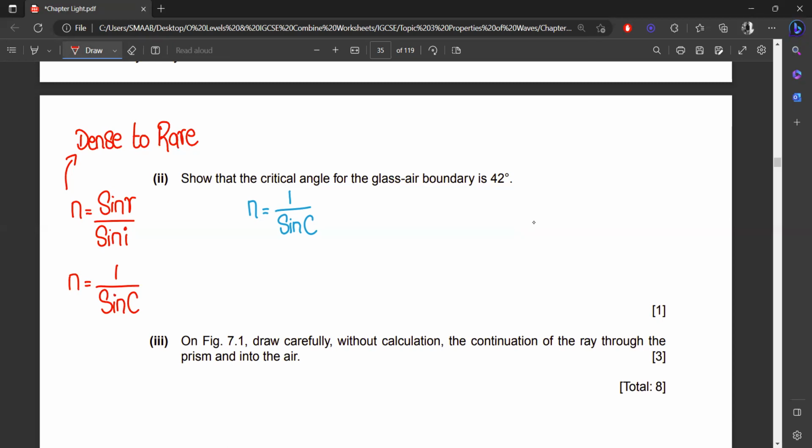So that's why we use this formula to calculate the critical angle. So n equals 1 over sine c. And we already know the value of n, that is 1.5. So c will be equal to 1 divided by 1.5 and then sine inverse, right?